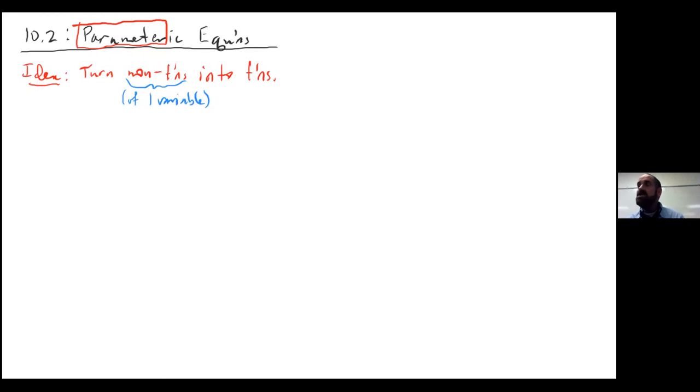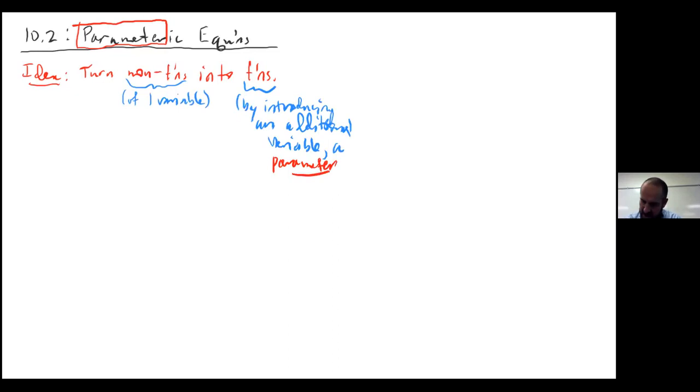What you do is you actually introduce another variable that kind of helps you to that end, okay, into functions. And this is going to happen by introducing an additional variable. A parameter. Okay? So that is kind of what's happening here.